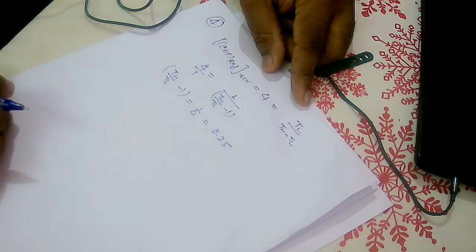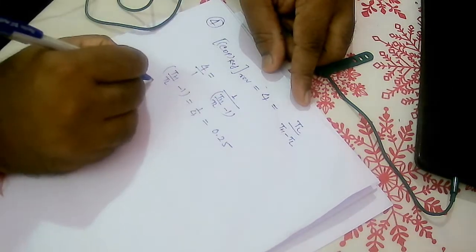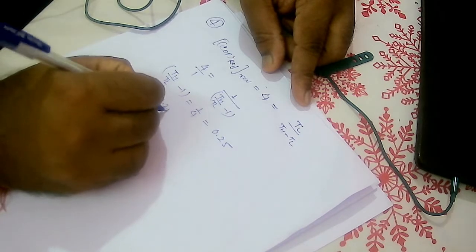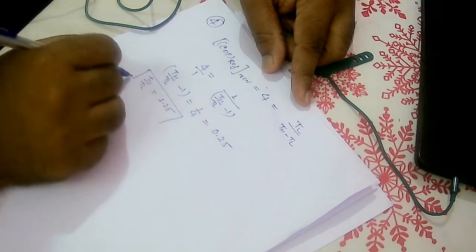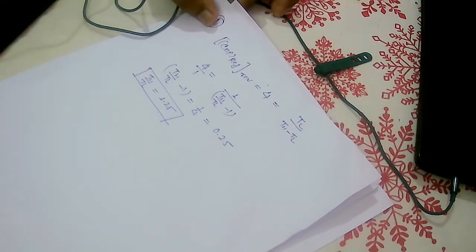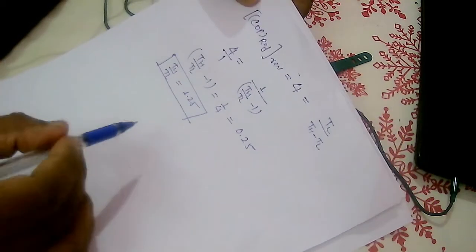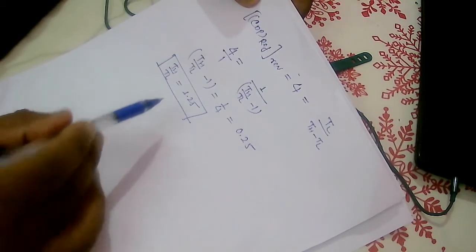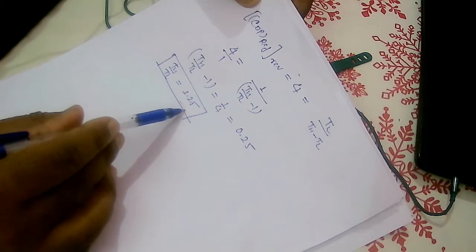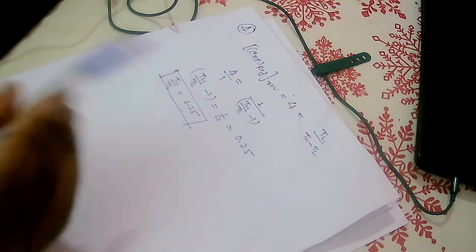Yes or no? 0.25. So T higher divided by T lower is equal to 1 plus 0.25, that is 1.25. So the ratio of highest temperature to the lowest temperature is nothing but 1.25. Is that clear? Like that you can solve the fourth problem.